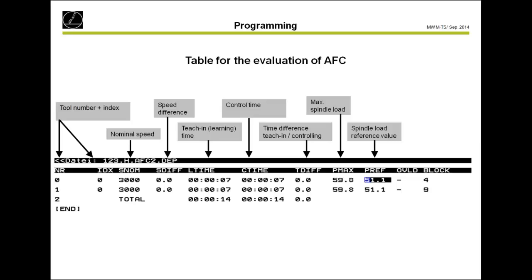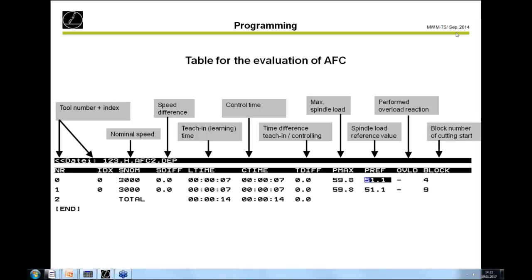So the P-ref is the learned spindle load. Then the overload reaction, if there is something defined, and also the block number of the cutting start, so where I programmed the starting of AFC.